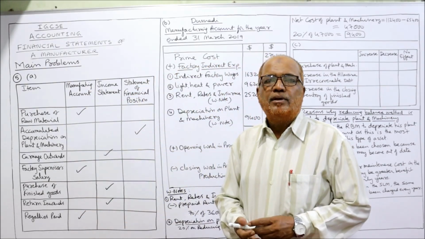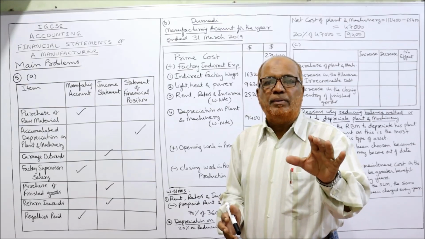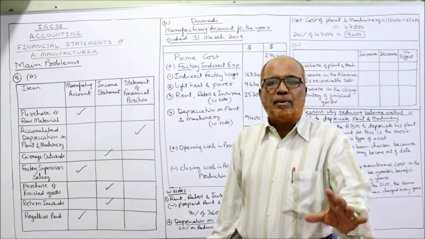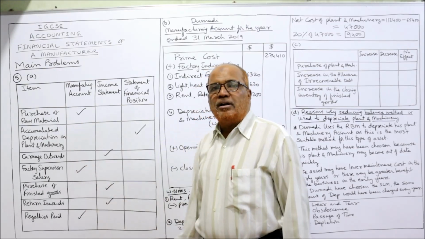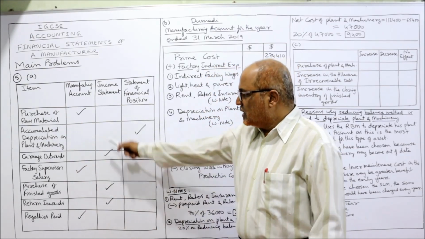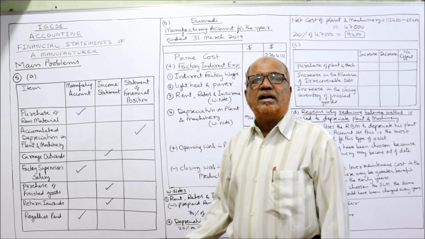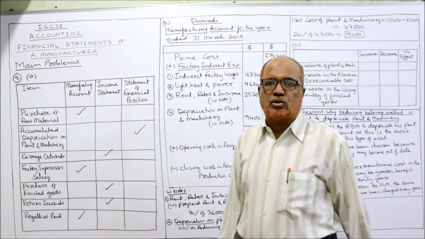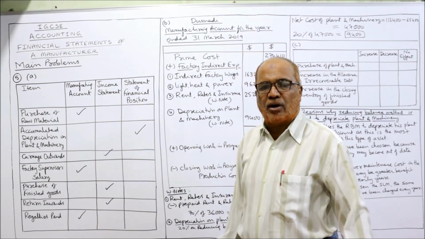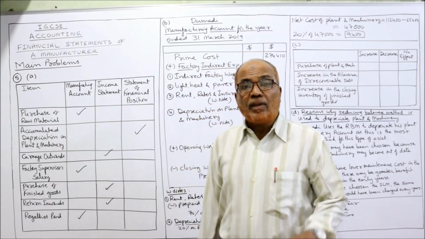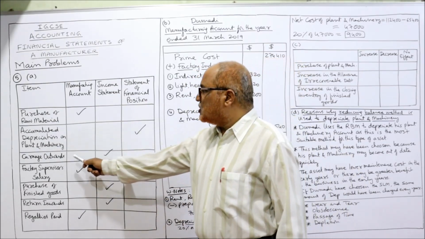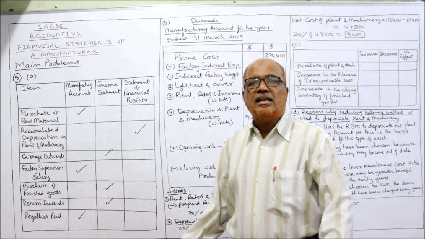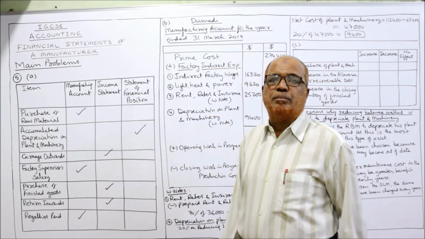That's all. So we have decided which item will be taken in which statement. Some items will be taken in manufacturing account. Example, purchase of raw material is a part of manufacturing account. Similarly, factory supervisor salary is an item of manufacturing account. Royalty paid is an item of manufacturing account. Similarly, carriage outward is an item which will be taken in income statement.